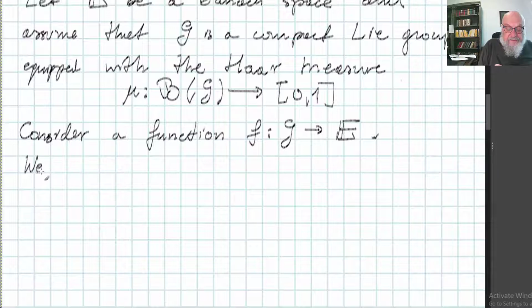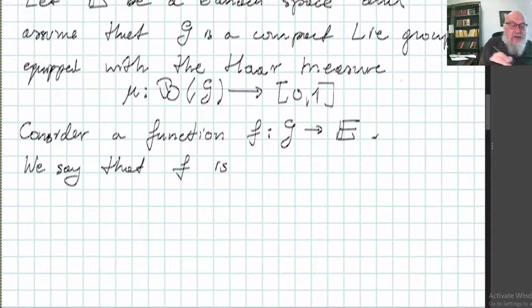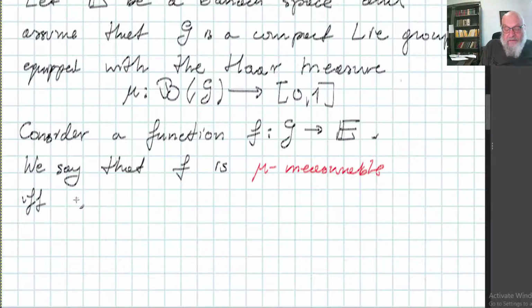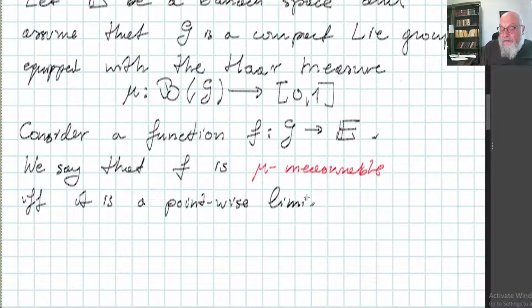We say that f is measurable, or mu measurable, if and only if it is a pointwise limit of mu measurable simple functions.